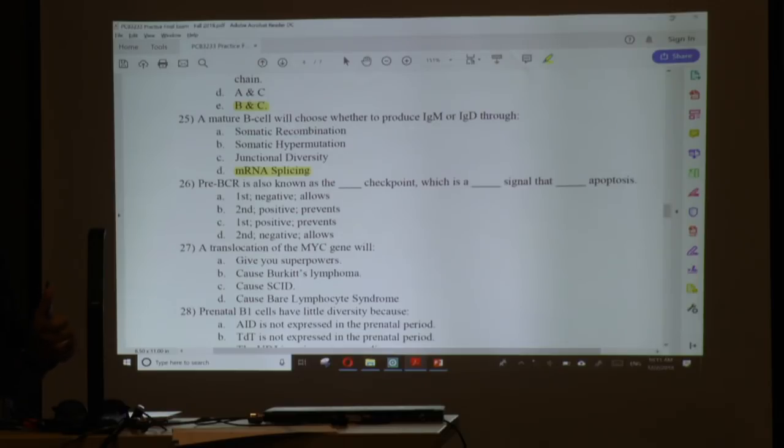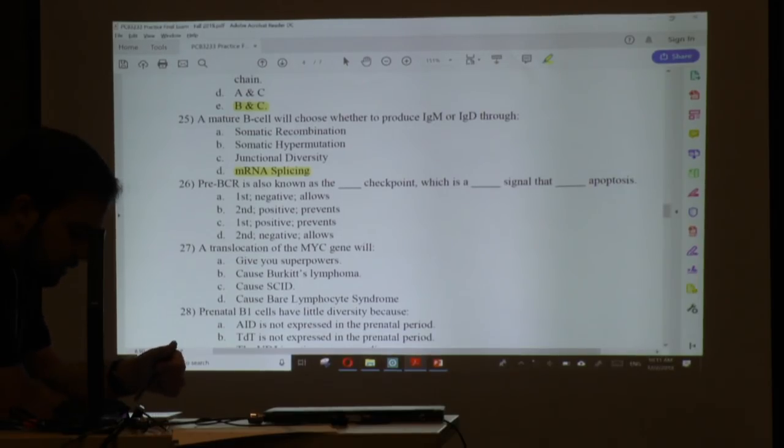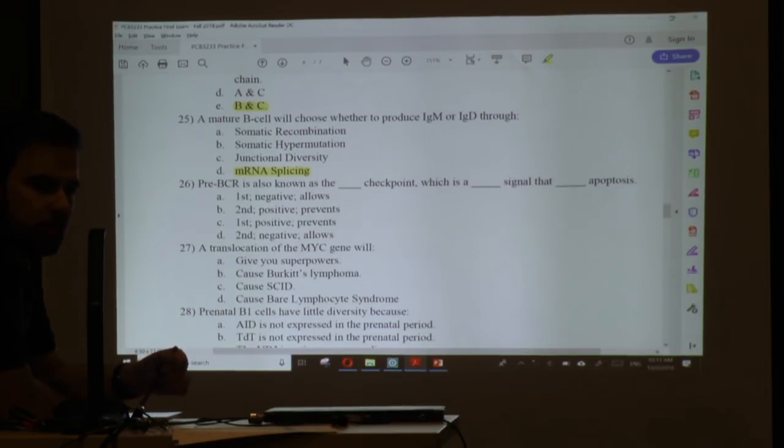No questions? So the pre-BCR is also known as the, how many checkpoints do you have before the pre-BCR? Basically where you have the surrogate light chain. Do you have any other checkpoints before that? No, right? So it's going to be the first checkpoint, which is a positive signal that prevents apoptosis.